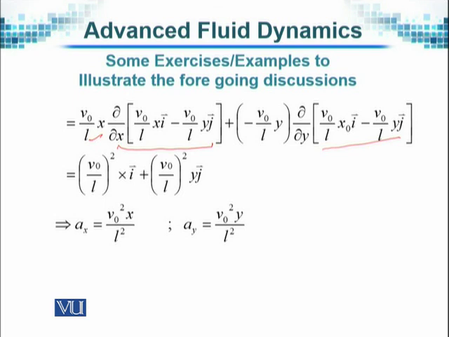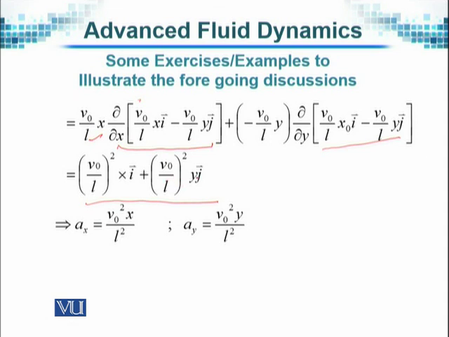When we differentiate them, we obtain these quantities. You can see V naught over L is here. When we differentiate it with respect to x, this will be 1, so we will be left with this constant V naught over L. So V naught over L into this V naught over L will be V naught over L square in the x direction, and the derivative of y with respect to x is 0 because they are independent quantities.